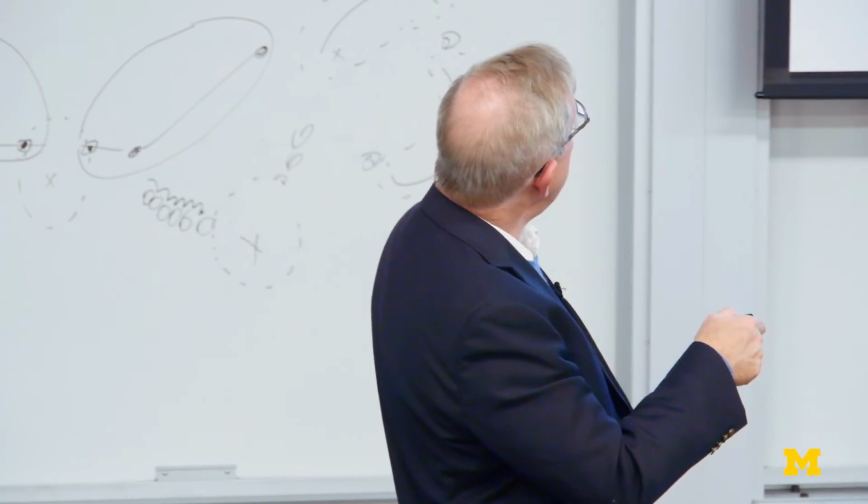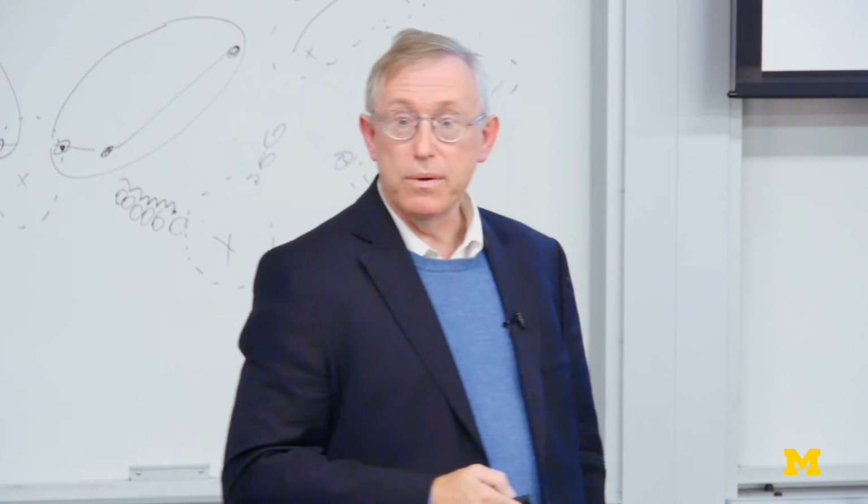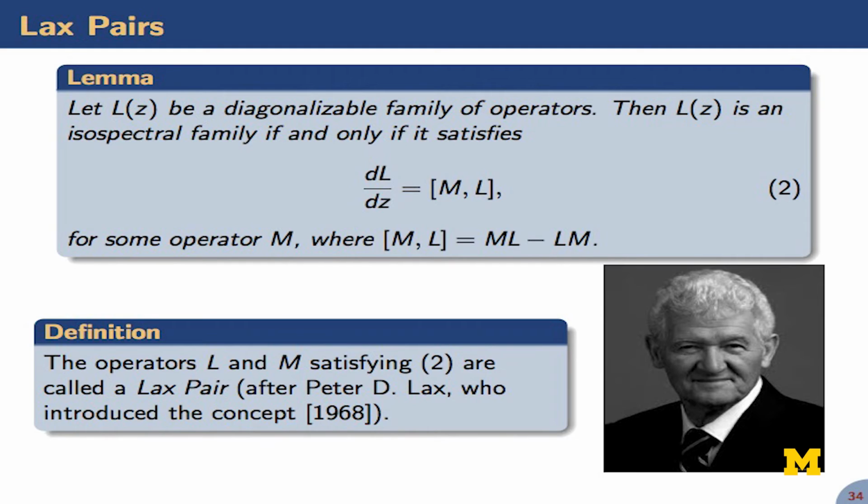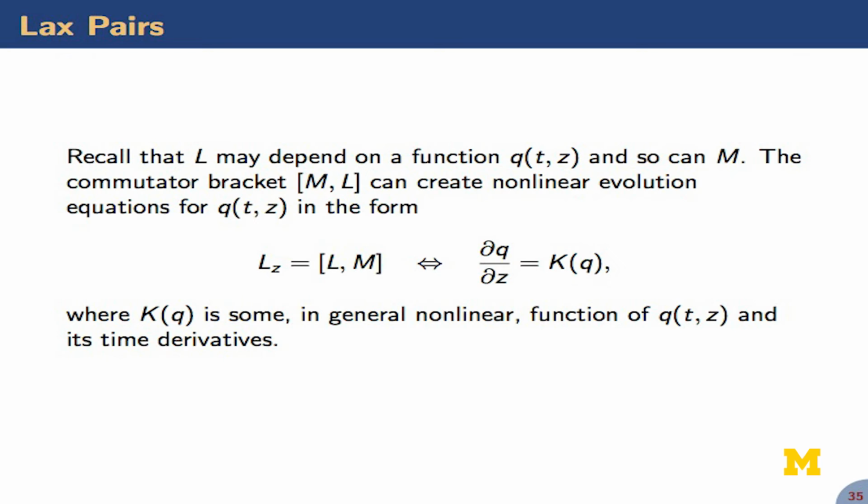If you have an L that is isospectral, then it always has this decomposition. And the converse is also true. We call this pair M, L a Lax pair after the mathematician Peter Lax, who invented this concept in the late 1960s. So associated with an isospectral family of operators is this Lax equation.